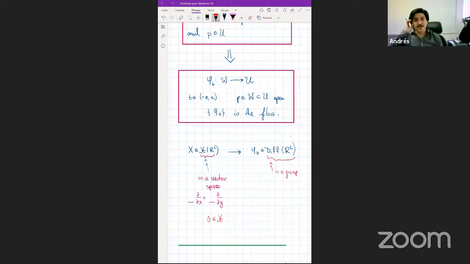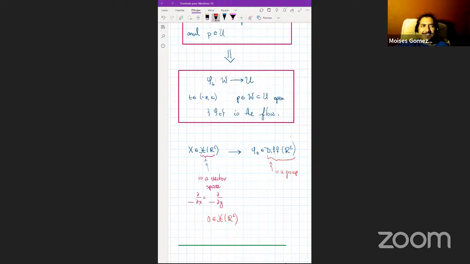It is a group under composition of functions, right?